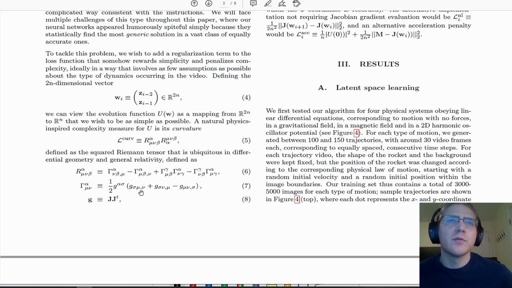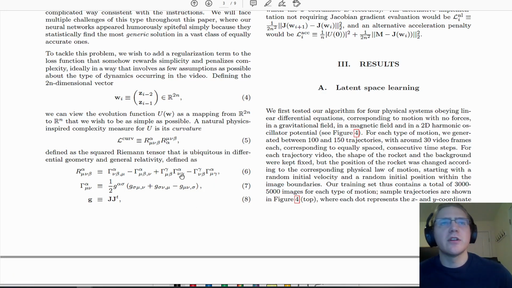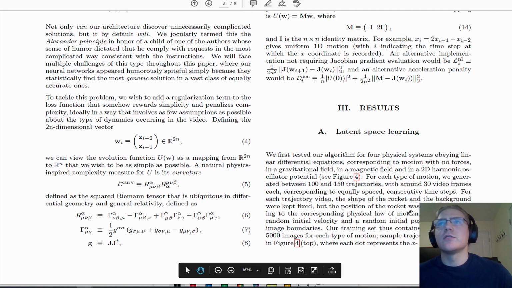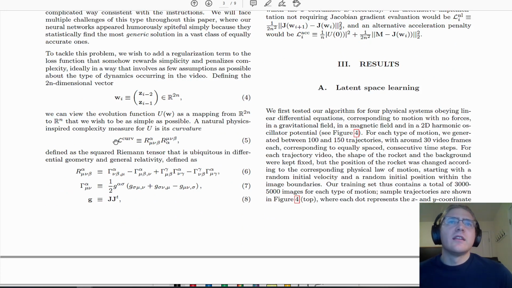Each of these commas here are derivatives with respect to those indices, and then the same thing up here. So the Jacobian itself is a bunch of partial derivatives. Then you take more derivatives here, and then more derivatives here. So you end up taking third derivatives, and that ends up giving you a scalar.